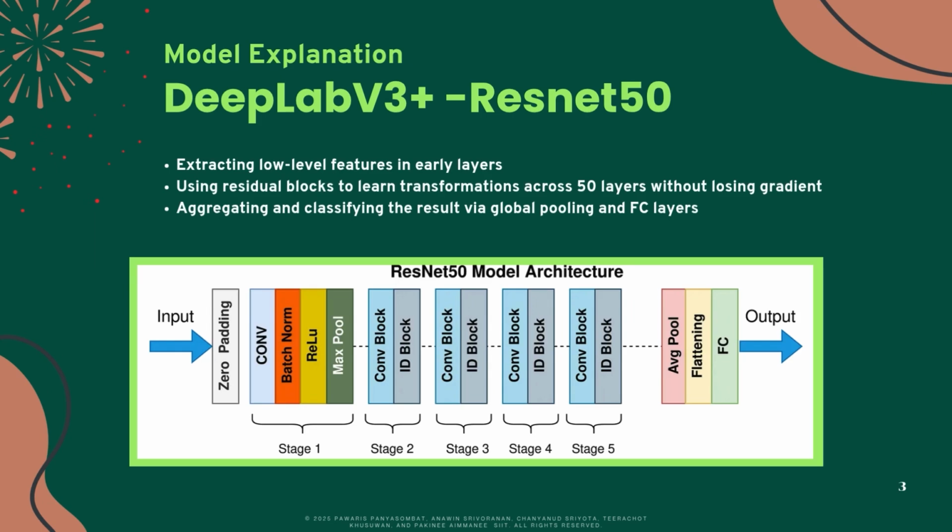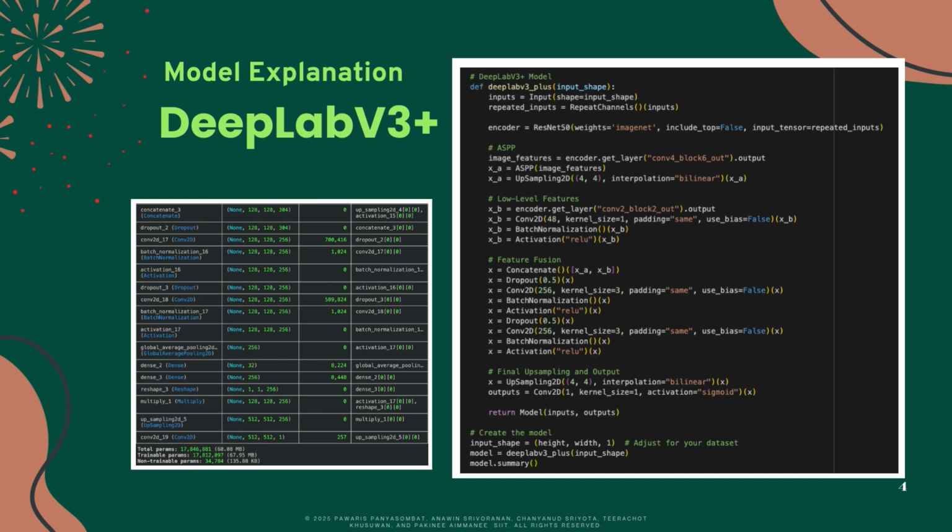At the end, it combines everything using global pooling to help decide where the important regions are. It is a solid encoder for this kind of task. Here is the big picture of DeepLabV3+. We start with the image, run it through ResNet, then ASPP, then the decoding part, and out come the segmentation masks.